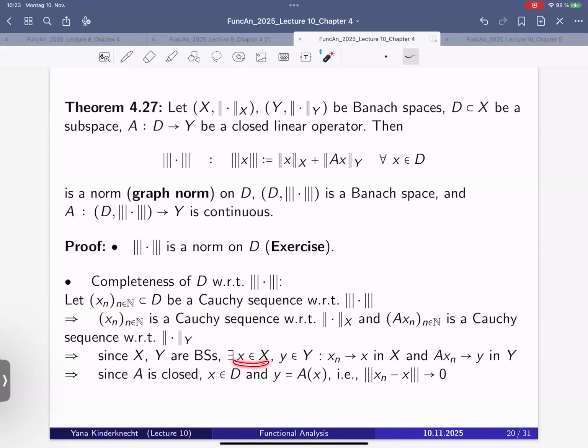So there exists a limit of this Cauchy sequence in X, and there exists a limit of this Cauchy sequence in Y. Since our operator is assumed to be closed, this means that this limit X again is an element of D, and this limit is nothing else but A of X. But this means that the graph norm of Xn minus X converges to 0.